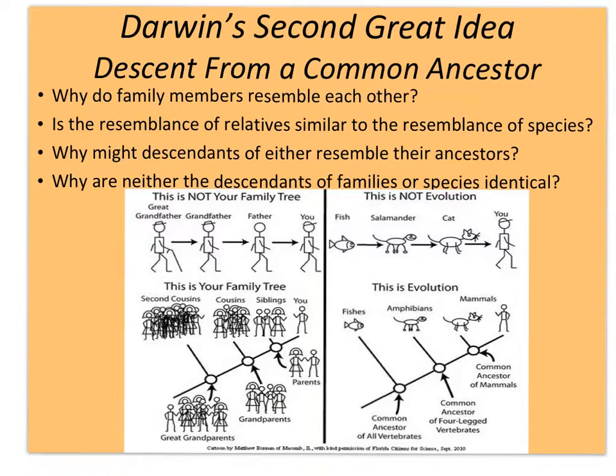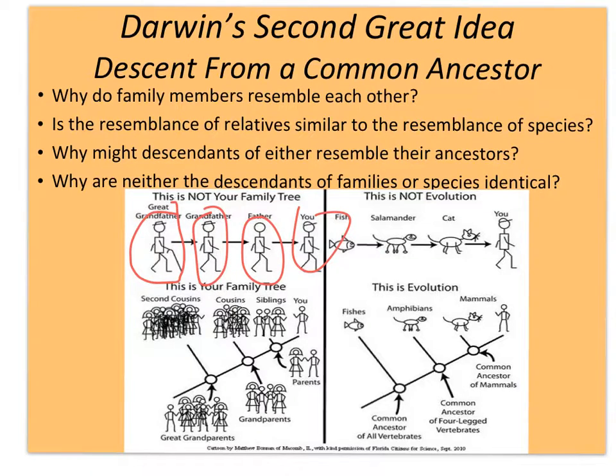Okay? Now, on the left, we look at our family tree, not an evolutionary tree. Great-grandfather, grandfather, father, you. Okay? Your real family tree includes your great-grandparents, of which there are 8, and also second cousins.